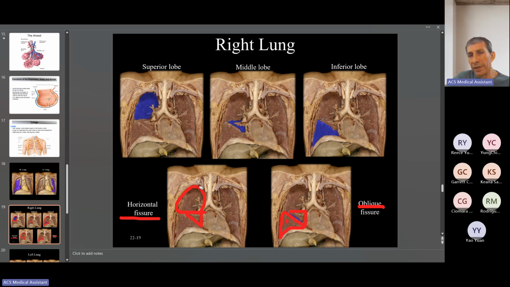Now, probably you're not going to be asked about these features, but again, it's important for you to understand that we have lots of structures within organs, little tiny structures. Sometimes, they have their own function.